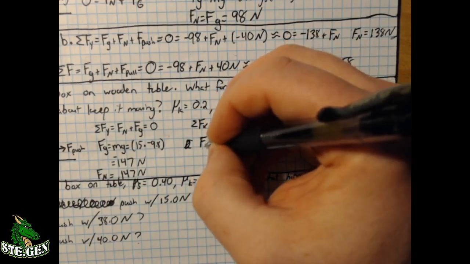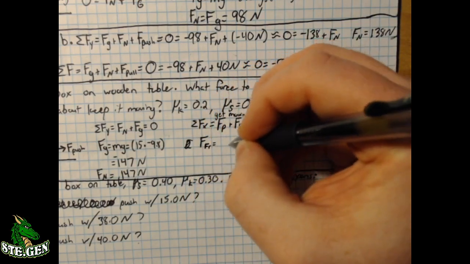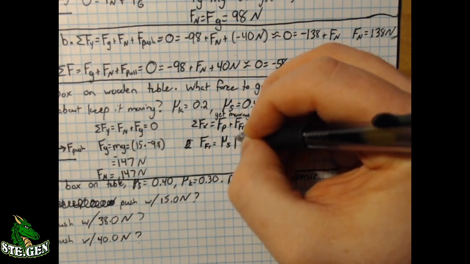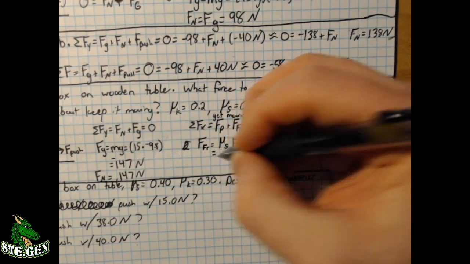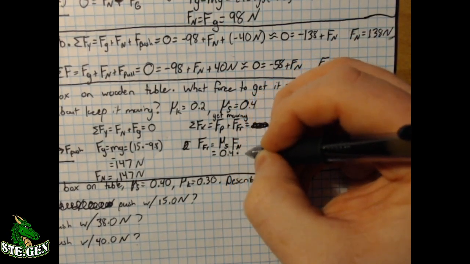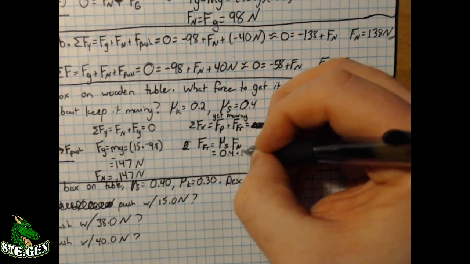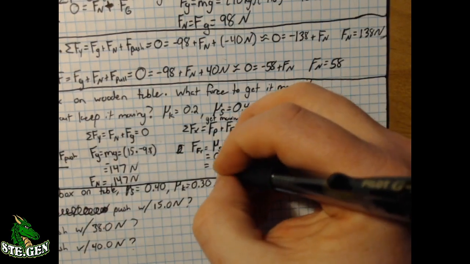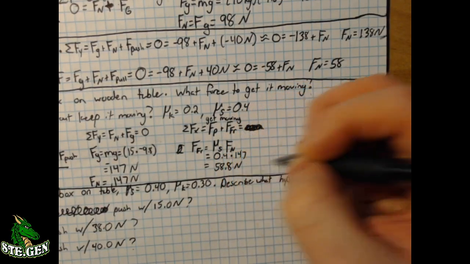We need F of friction equal to the coefficient of static friction times the normal force. The coefficient of static friction is 0.4. Multiply that by the normal force, which is 147. So 58.8 newtons.